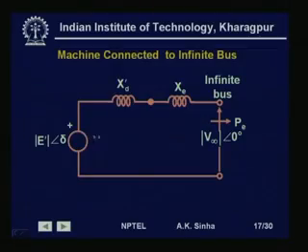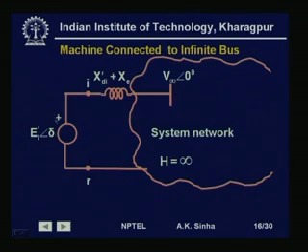So, if we look at that, we can see here this machine is connected to this infinite bus or this large system by means of an external reactance. This reactance will normally be the reactance of the transformer and the transmission line through which this generator gets connected to the system, which we write as Xe, and X dash d is the reactance of this machine, that is, the direct axis transient reactance of this machine.